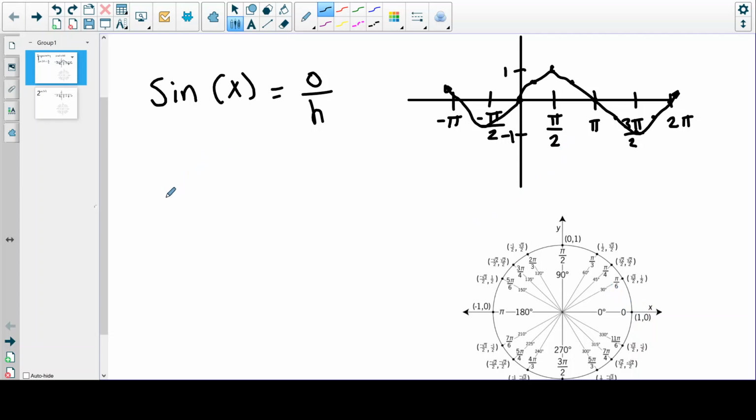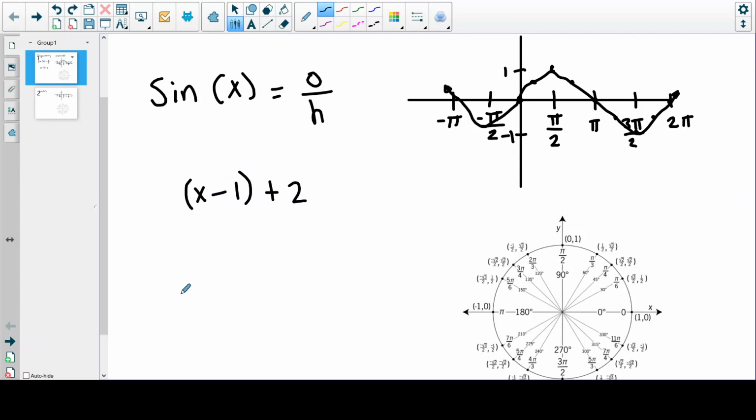Now, quickly, I want to go over some transformations. Remember back in Algebra 2 when you were manipulating polynomials, if you have something like x minus 1 plus 2, the graph of x was shifted over to the right 1 and up 2.